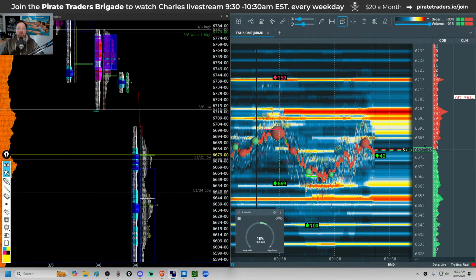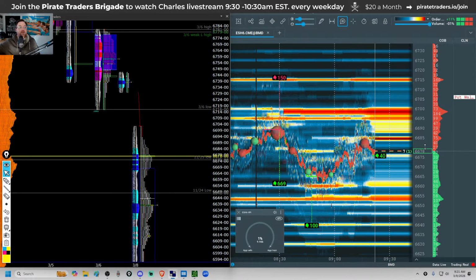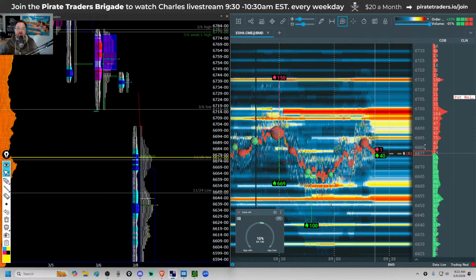All right. So we got a couple guesses, more leaning towards the gap fill and then go than a straight up gap and go. I will just tell you guys, anytime I see a gap of more than 20 points, I automatically remind myself it is less likely to fill. So the gap fill is to 67.16.